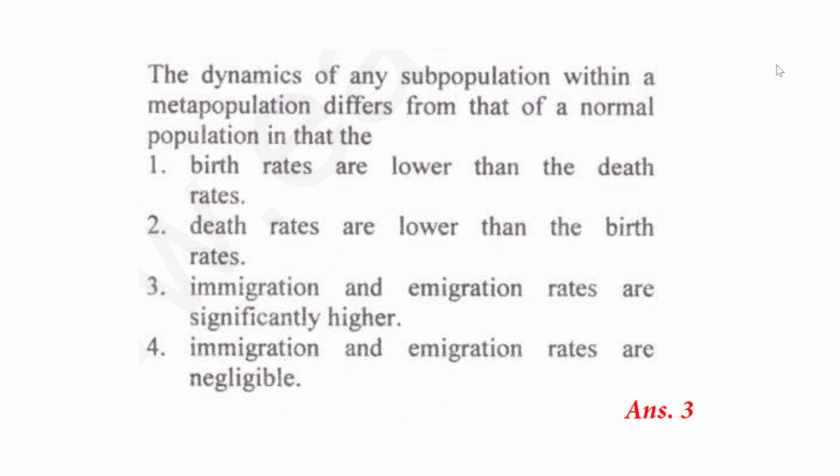The dynamics of any subpopulation within a metapopulation differs from that of a normal population in that: option 1, birth rates are lower than the death rates; option 2, death rates are lower than the birth rates; option 3, immigration and emigration rates are significantly higher; option 4, immigration and emigration rates are negligible.